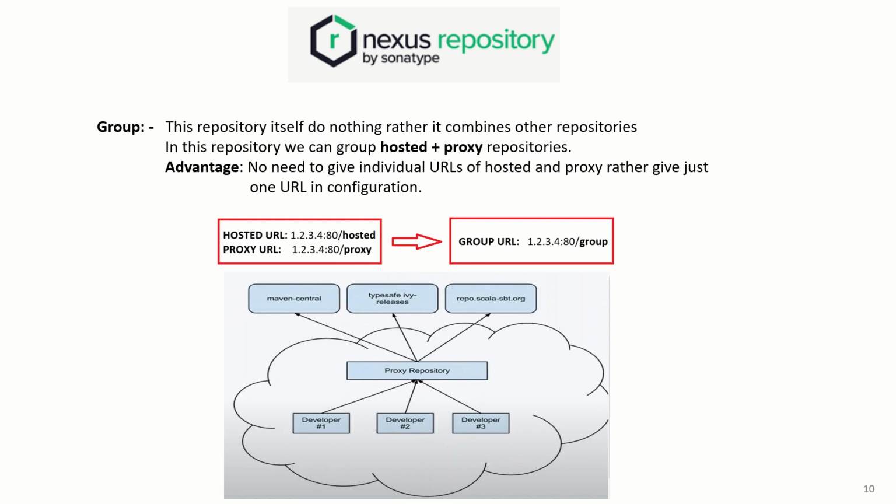So we'll just provide /group in our configuration, and that will do the work of hosted and proxy itself. We can also see this from this diagram. The developer will connect to the proxy repository, and that proxy repository will further connect to the central repository, download the content and place it in the cache, and then it will be served to the developer.